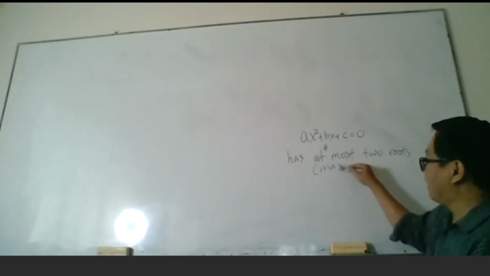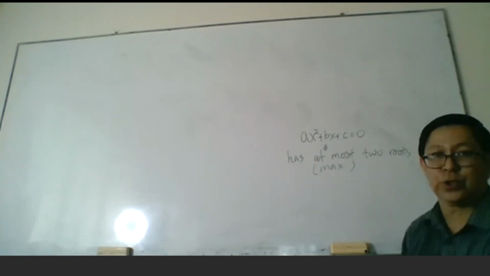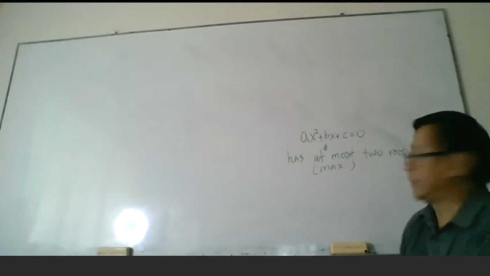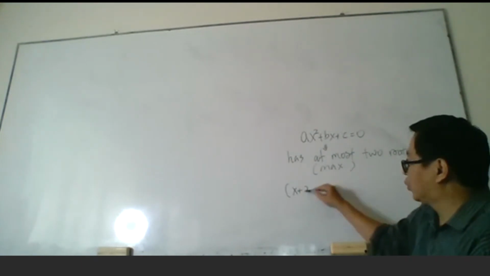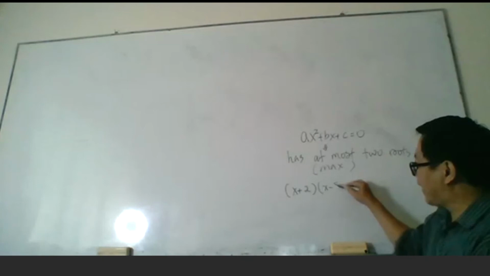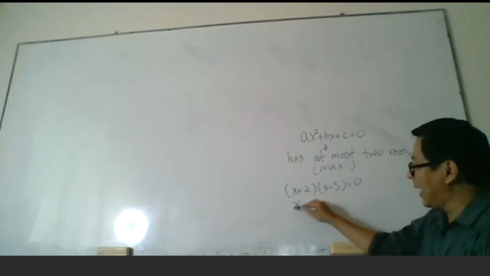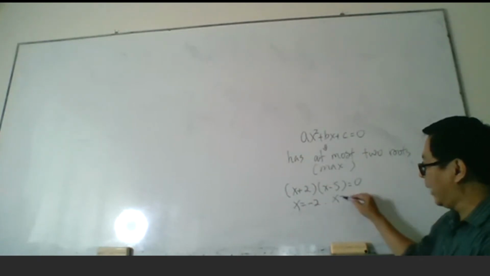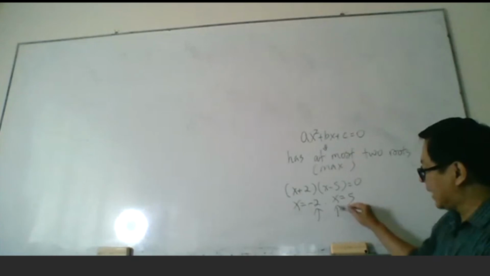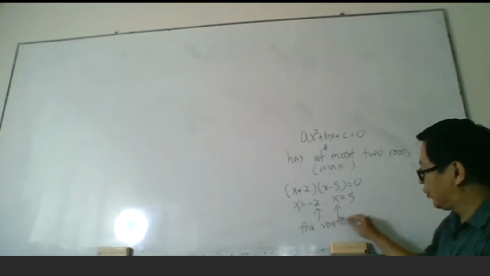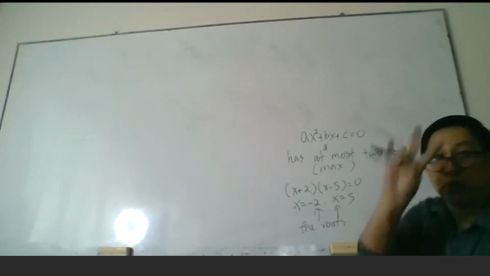At most means a maximum of 2 roots. What does that mean? Sometimes we may have x plus 2, x minus 5 equal to 0. I will get x equal to negative 2, x equal to 5. These are the roots. So here we got 2.